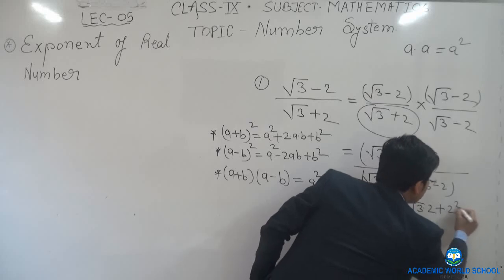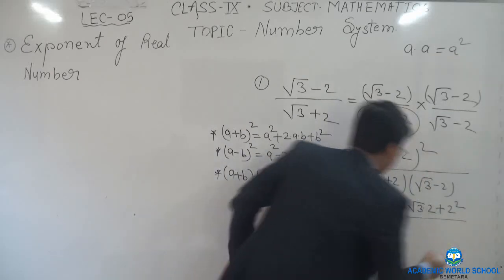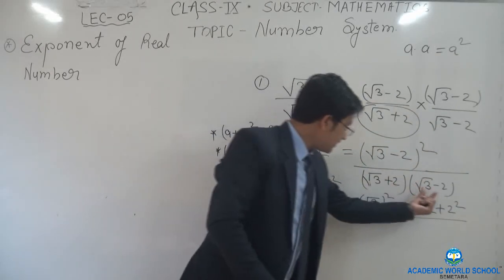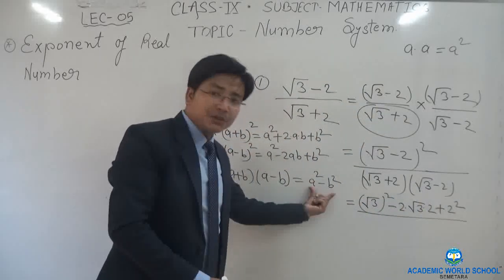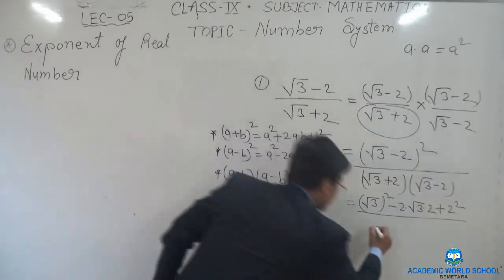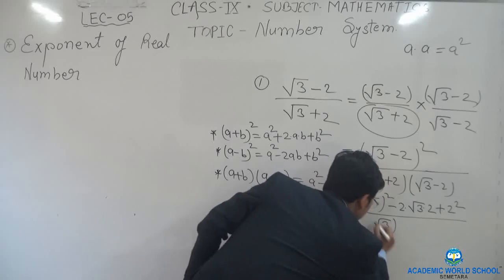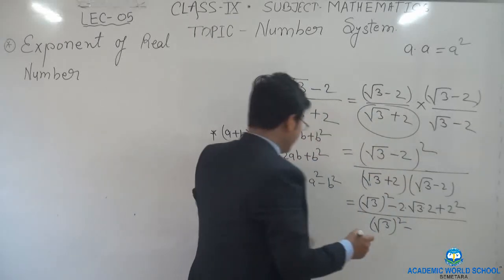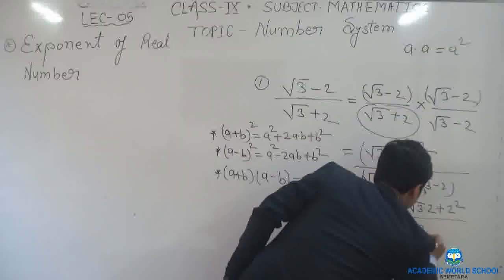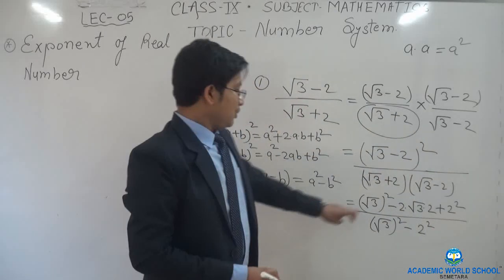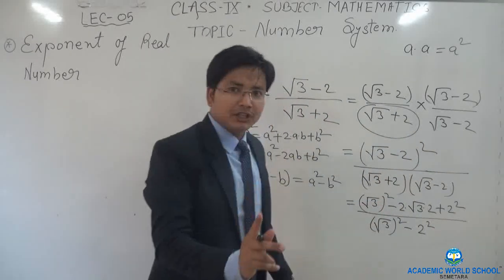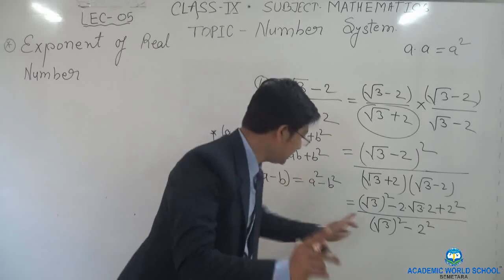So plus 2 square. And then upon a plus b into a minus b is equal to a square minus b square. So this will be root 3 square minus 2 square. Okay. So root 3 square, I have told you root 3 square is 3.